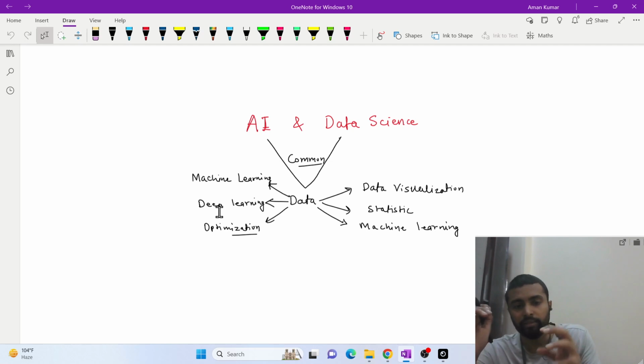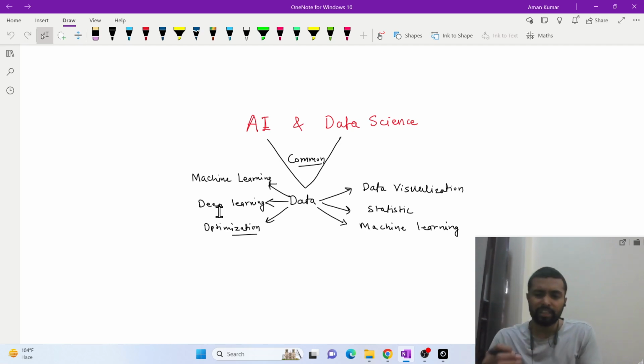And practice-wise, both are almost similar. As I said, both are highly dependent on data, and we will always be playing with data. So whatever things we are learning, whether in data science or AI, all concepts will be used interchangeably.